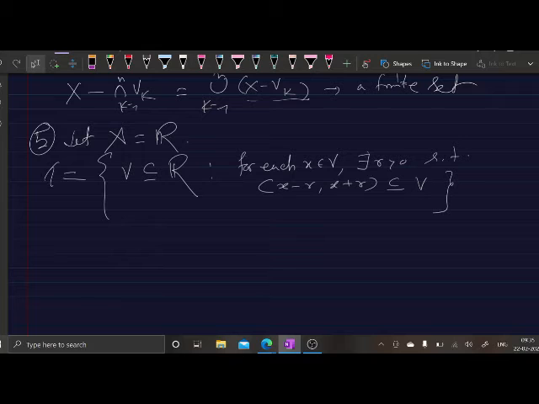We start from this definition, then we need to check whether tau is a topology on R.